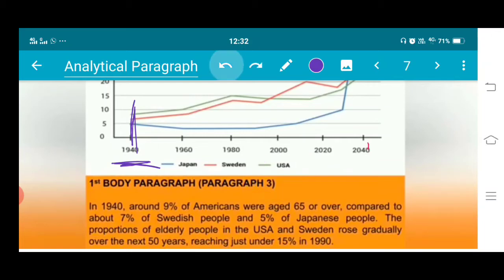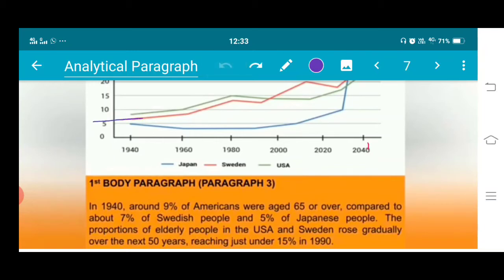Now where is Sweden? Sweden is in the red line. So Sweden is near about 7, as I have told you in the starting. It is here somewhere about 7, right? About 7. So 7% of Swedish people and 5% of Japanese people.